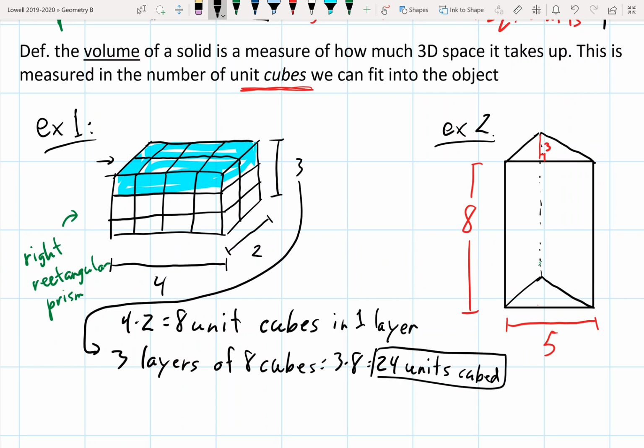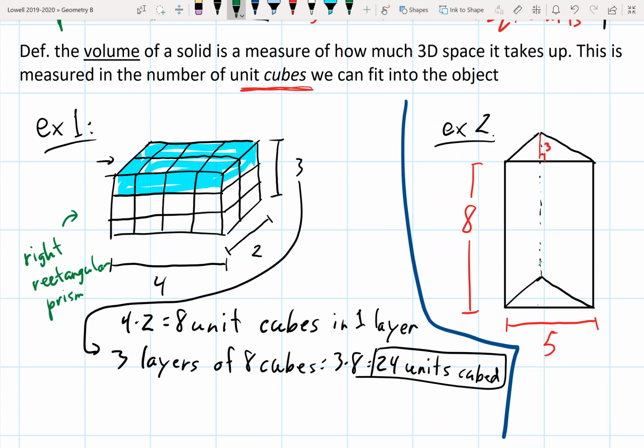Okay. So we can use this idea, and then we'll do one more with this triangular prism, before we get to our little formula here. If I think about this triangular prism, well, I like to chop it up into layers between the bases. So notice here in the rectangular prism example, it didn't matter if I had used 3 layers or 2 layers or 4 layers, it wouldn't have mattered, right? Because it's a rectangle.